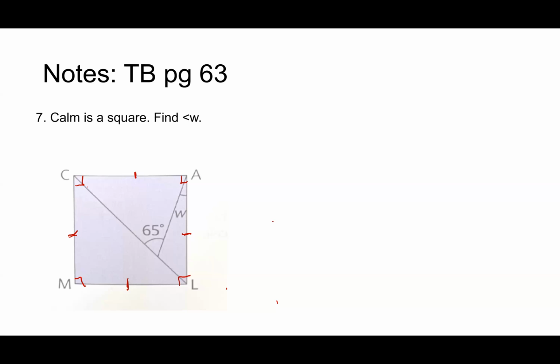Keep going. Okay, so you know that this is 45 degrees. And this one's also 45 degrees? But we have to find this one right here. You found this one?